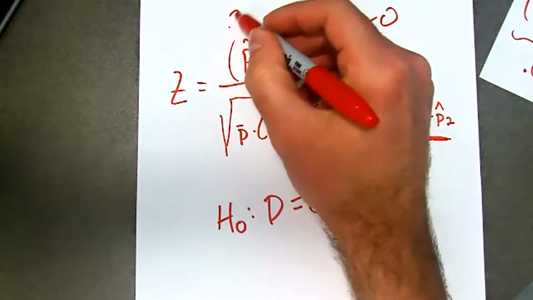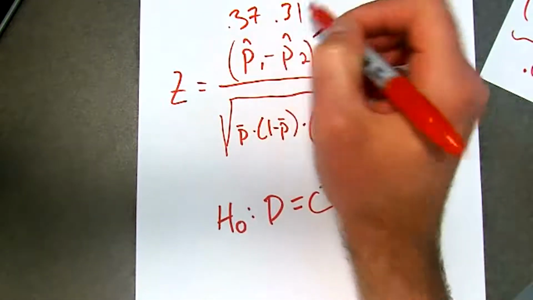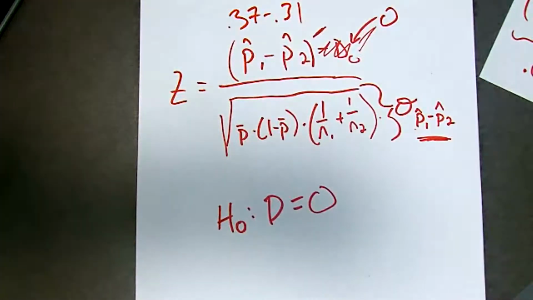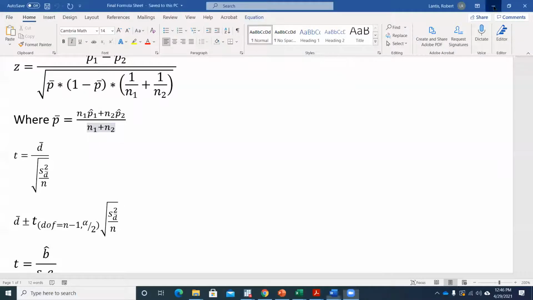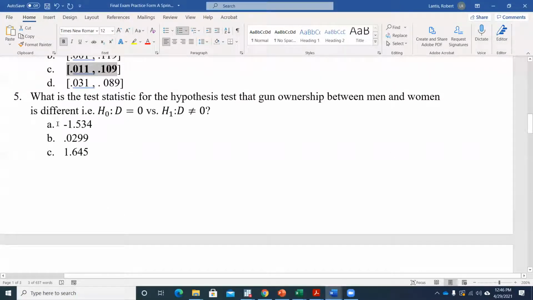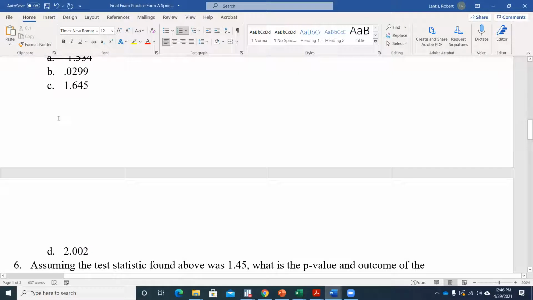So when we plugged our values in, 0.37 and 0.31, that's a positive difference, 0.06. So our test statistic should be positive as well, so we could rule out the negative values. Now we've got this down to 3 different options. 0.029 seems extremely low for a test statistic.